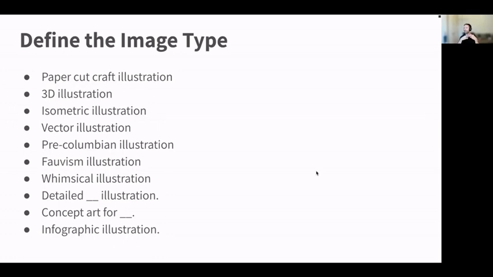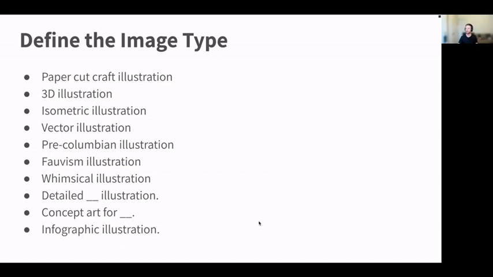So when we want to create an image, this is just a very basic guideline. You can define an image type. With AI, basically the sky's the limit. You can decide what you want to create and what kind of image you want to have created. So you can have a paper cut image, a 3D illustration, vector, pencil drawing, oil painting, infographic, so many types.